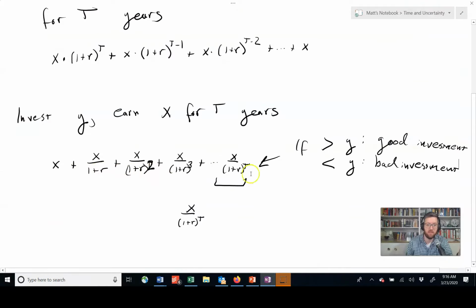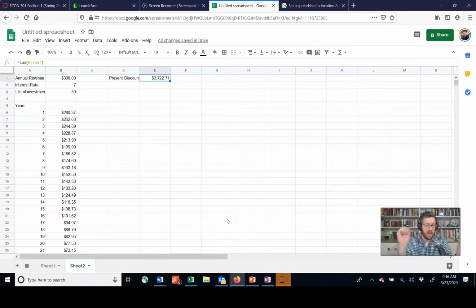And that's easy to see if you look back at this formula. We're dividing by the interest rate. But the intuition is that at a higher interest rate, I don't even need as much money as I did before to pay myself $300 a year. If I now have $3,700, but I have access to a 7% interest rate, I can invest $3,700 and pay myself $300 a year, and at the end of 30 years, that fund will be exhausted.